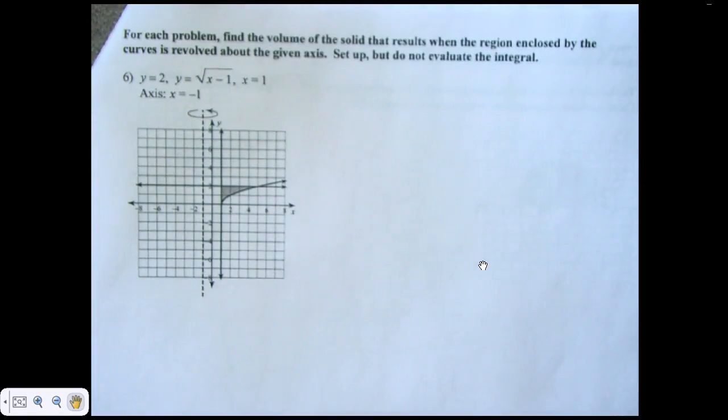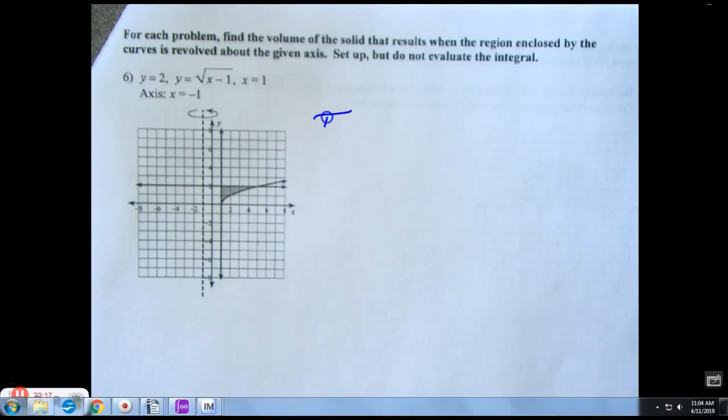Okay, so area, revolution, or cross section? Revolution. So I can start off. As soon as I see revolution, I can do this and set up this part, and I'm not going to put that yet.